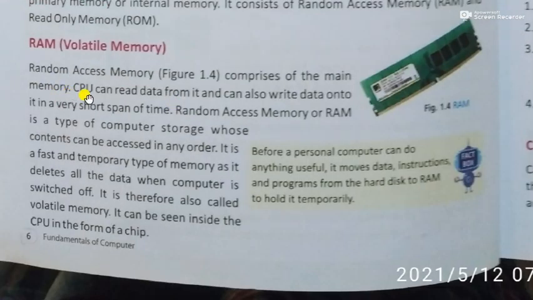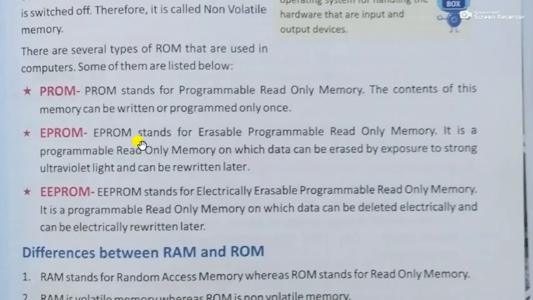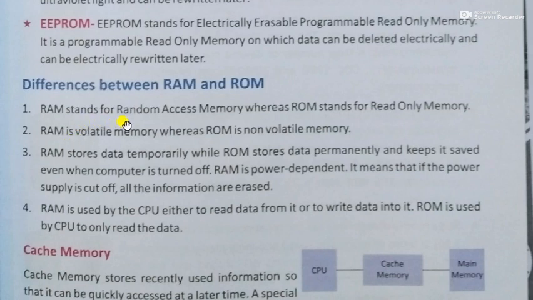RAM is a volatile memory because it is a fast and temporary type of memory. RAM is temporary and ROM is a permanent one. We can see these are the differences, the permanent and temporary memory.